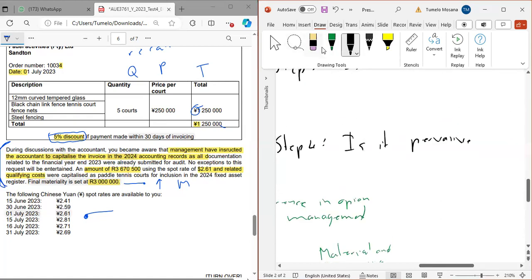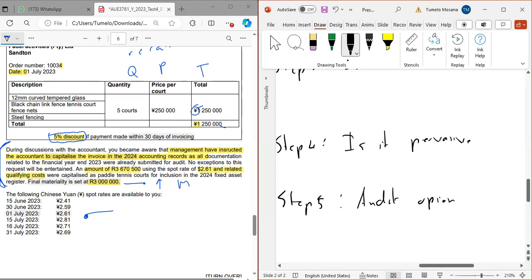Then step five, you would look at what you have come up with, which audit opinion do you arrive at? So now you'd come to the part of the audit opinion.